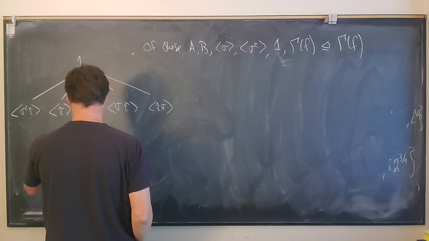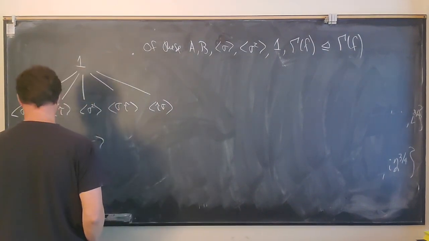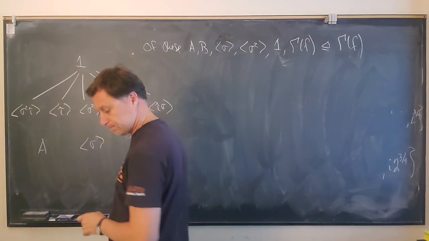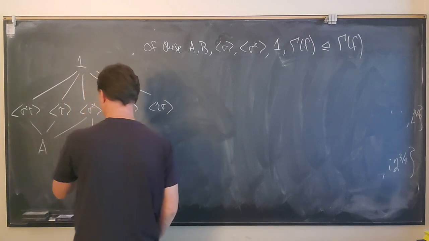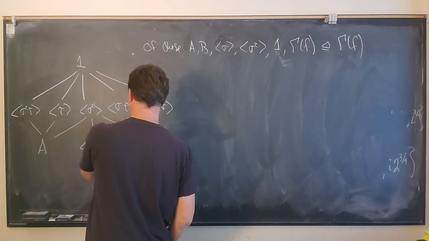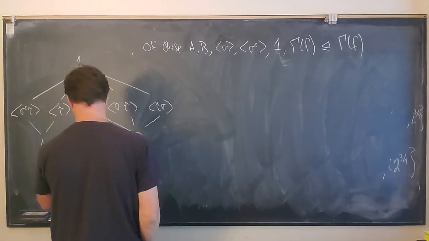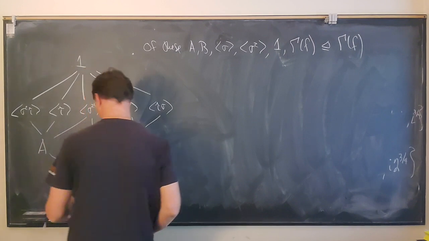Then below, we have sigma, and then we have A, and we have B. And then at the very bottom we have gamma of F.